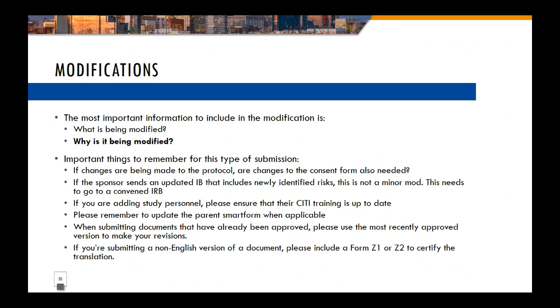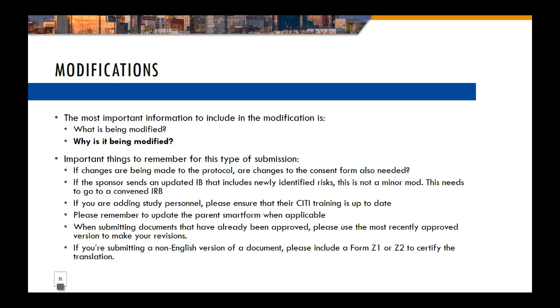Please remember to update the parent SMART form when applicable. When submitting study documents that have already been approved, please make sure you use the most recently approved versions to make your revisions. And also, if you're submitting a non-English version of a document, please include a Form Z1 or Z2 to certify that translation.